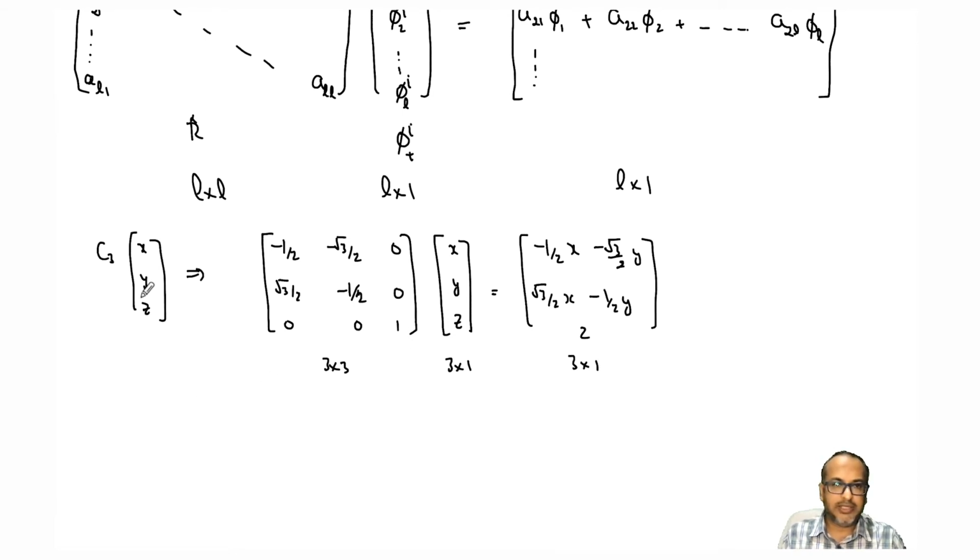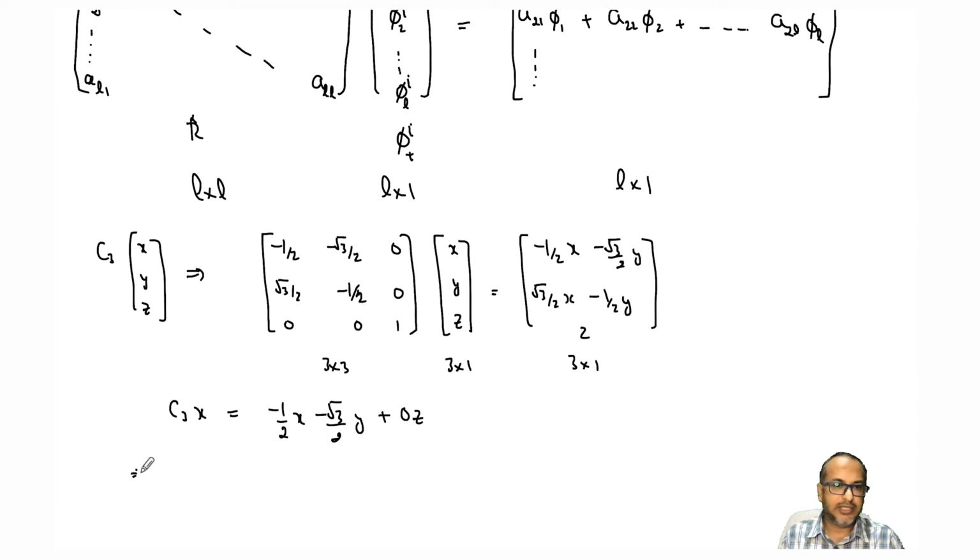So when I say that C3 operated on X, it gives me minus half x minus root 3 by 2y plus 0z, right?